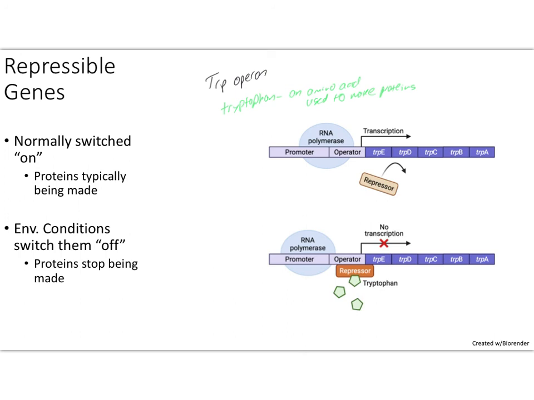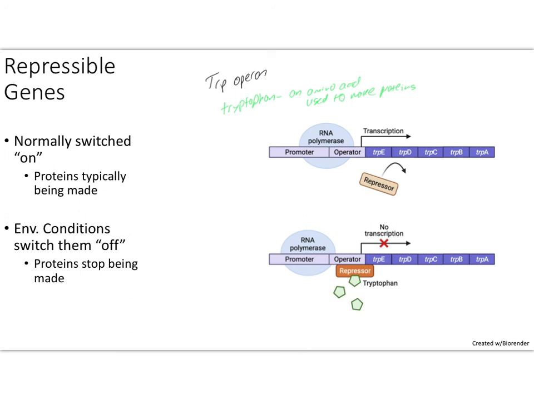Now, this can occur for many different reasons, just like most things in the world of microbiology. But one good example would be if a bacterium were going into an endospore form and its growth was slowing down, it wouldn't need as much tryptophan anymore because it would be focusing its efforts on creating that endospore and not actively going through all of this protein production.